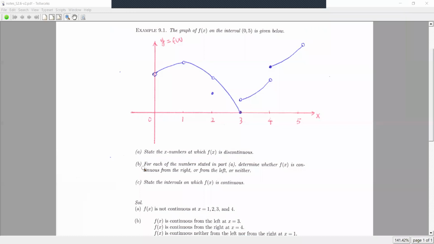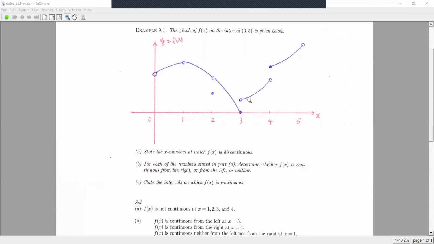Question B. For each of the numbers in part A, determine whether the function is continuous from the right, from the left, or neither. Let's consider the point 3 first. The function is not continuous at x is 3. But we can say more in detail.